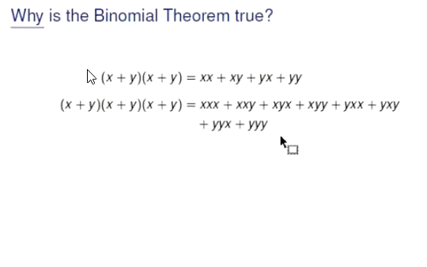This particular representation we can replace with this, and we can multiply it with the whole result of the previous one.